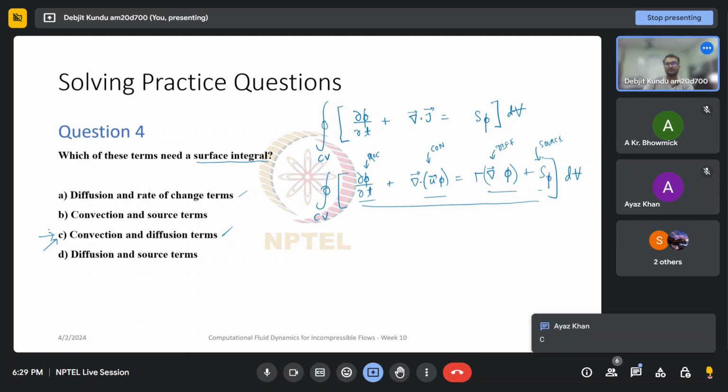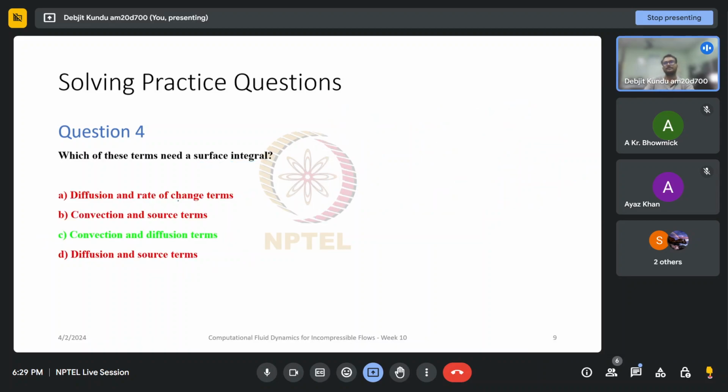Option C again. Yeah. So let's have a look at the solution. It is actually option C. So what happens is, first of all, these two terms are clubbed together. This is dot product.